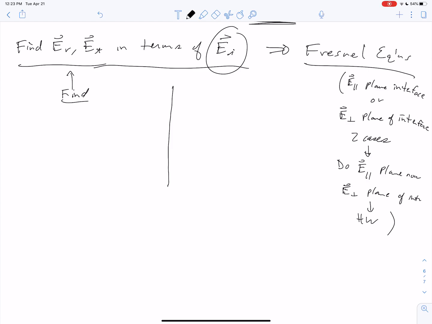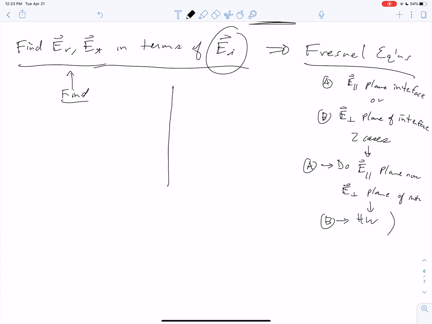Actually, let me make this a little bit more formal. We have case A and case B. Today we will do case A, but case B will be for homework.